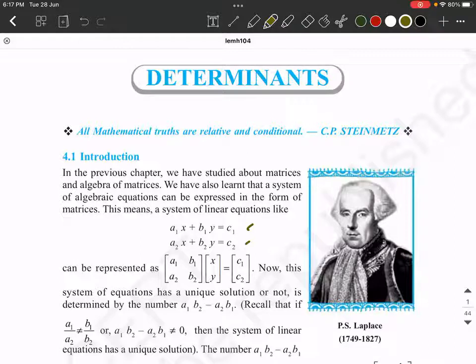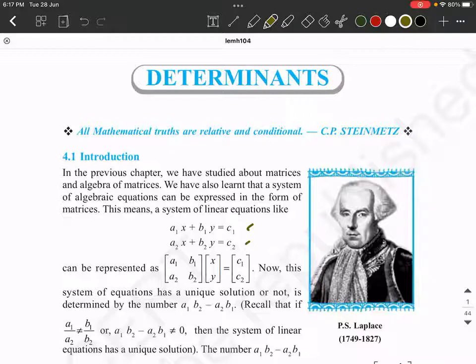So how are we going to do that? Observe it. a1 is a constant which is multiplied to a variable x. So when you think of matrix multiplication, if I give you two matrices, what is the first thing you check for multiplication to be satisfied?